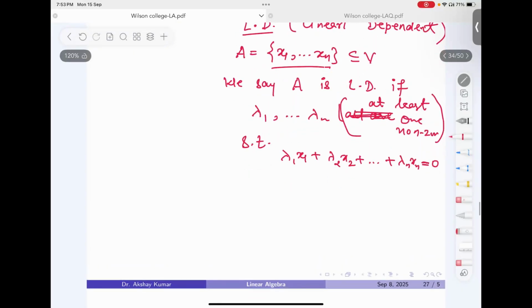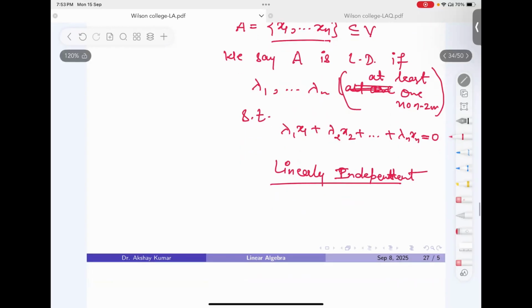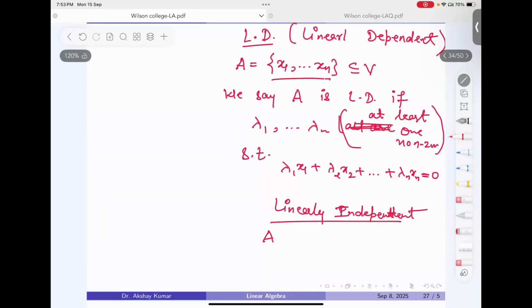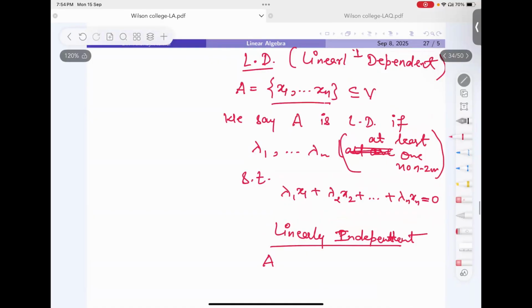And what is linearly independent? If all lambda equal to zero. So if all the scalars are equal to 0, okay, this is the definition of linearly independent.